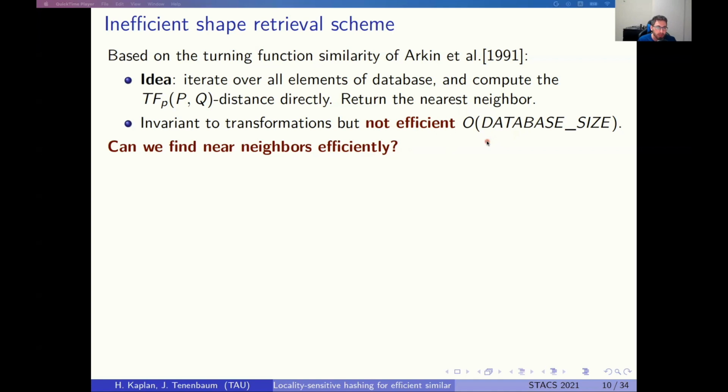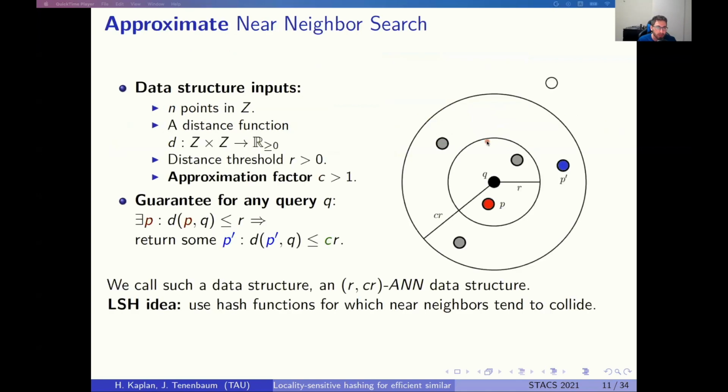To give a positive answer to this question, we resort to an approximate near neighbors scheme. We make a small detour to present the approximate near neighbors problem and locality sensitive hashing, which is the tool we use to solve this problem. The approximate near neighbor search problem is to build a data structure given the following inputs: n points in some space Z, a non-negative distance function between pairs of points, a distance threshold R, and an approximation factor C, which is larger than 1.